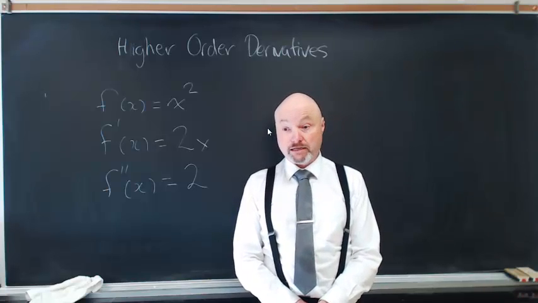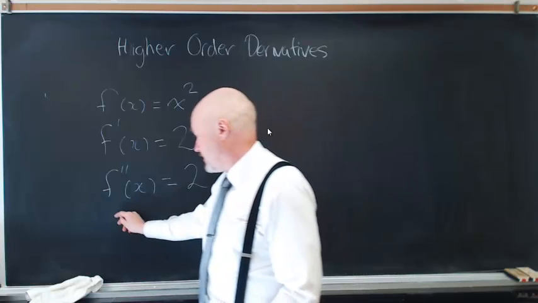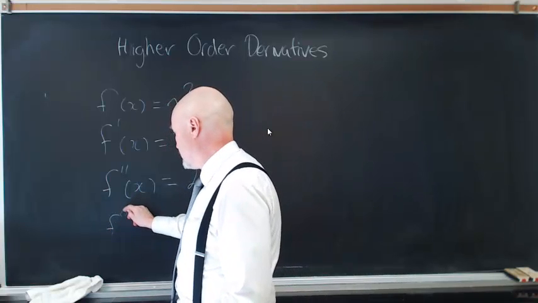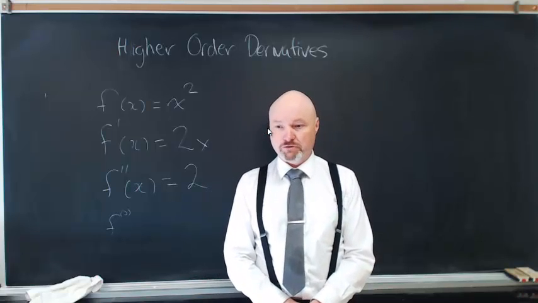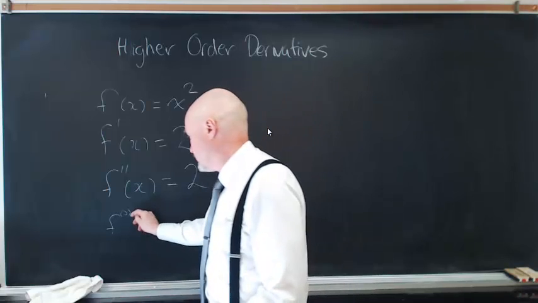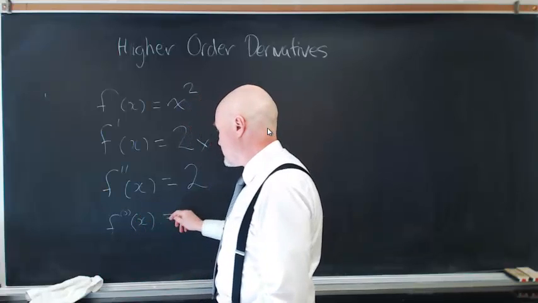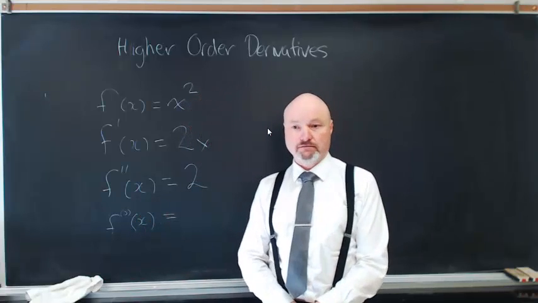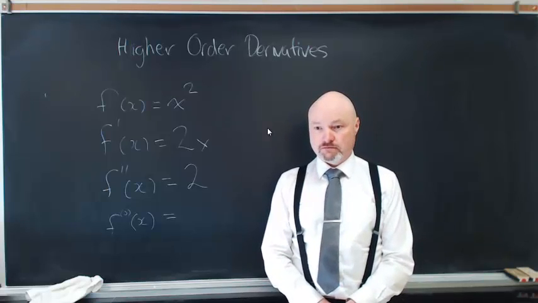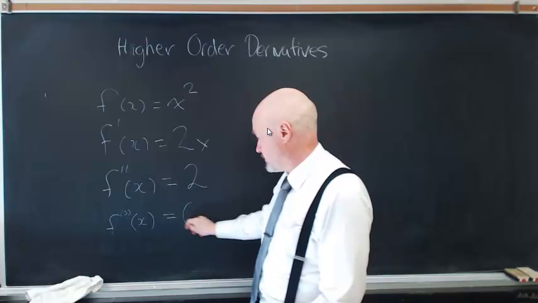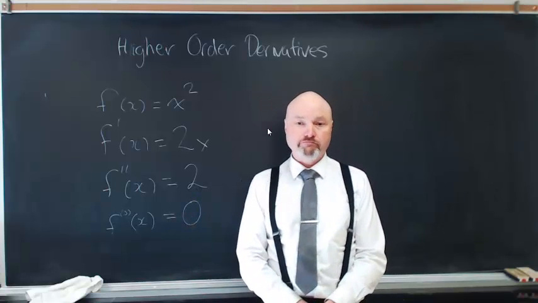And after that, usually it's the number of the derivative in brackets. So what's the third derivative of our function, RJ? 0? 0, that's right.